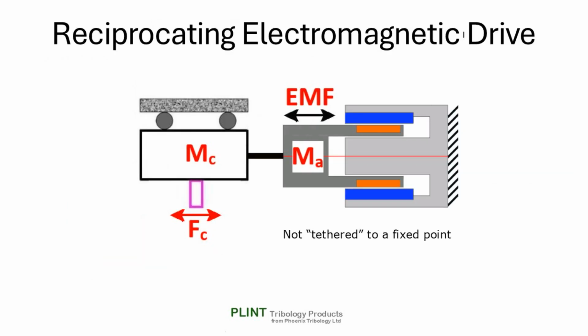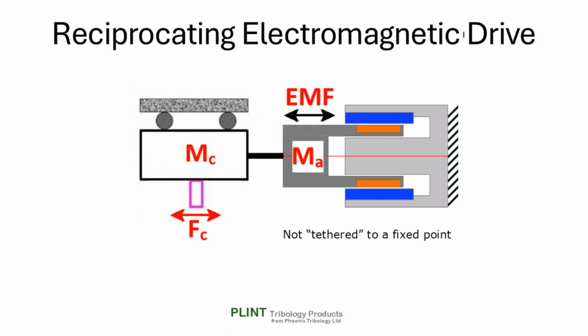Let's now consider a reciprocating electromagnetic drive. In the case of a voice coil actuator, VCA, system, the moving component, hence the moving specimen, is not rigidly tethered to a fixed point, but is supported on flexural elements and electromagnetically coupled to the fixed component.